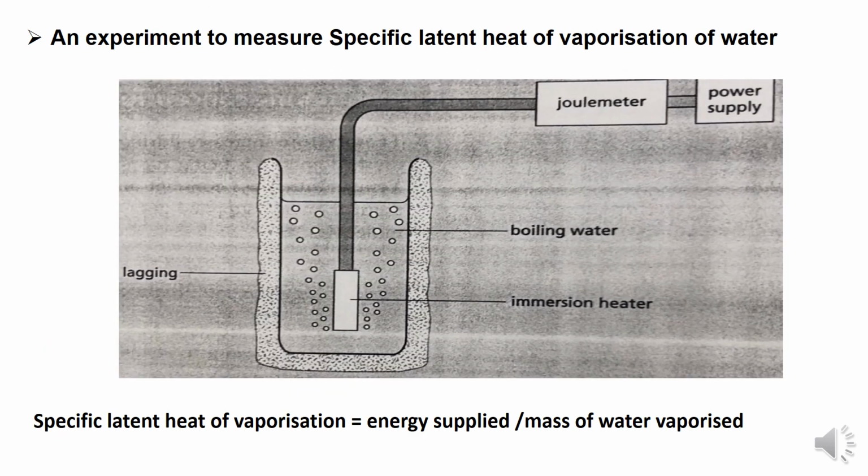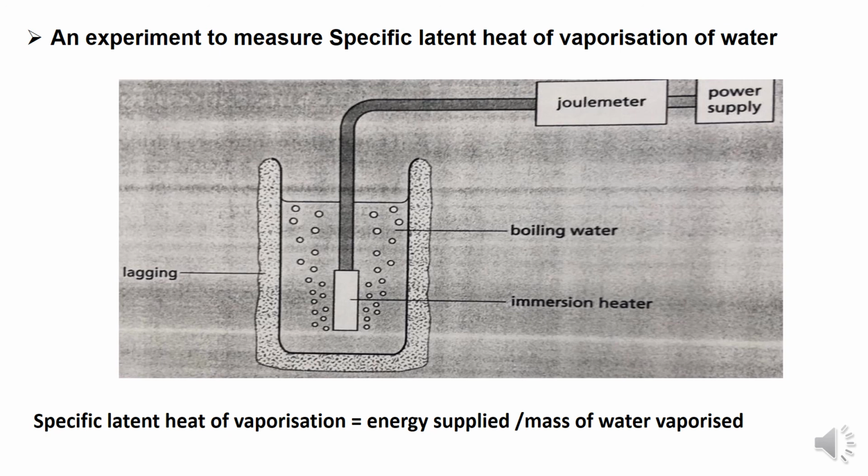The next method is an experiment used to measure the specific latent heat of vaporization of water. First of all, measure the mass of water and its container before and after the experiment. Bring the water to the boil before starting the joule meter. Record the joule meter reading of the energy supplied during boiling.